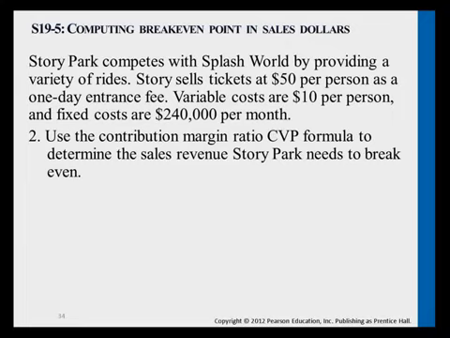So we're going to take that margin that we just found, the ratio, and we'll use also fixed costs. So once you get the number, let me know what it is. 300,000, that's right. So you took 240,000 and divided it by 0.8.